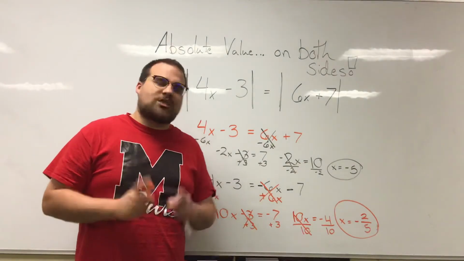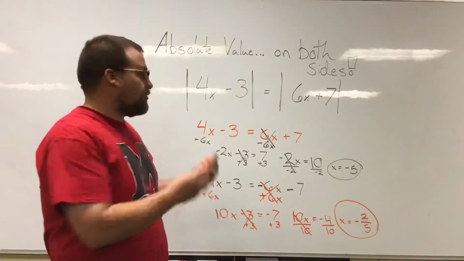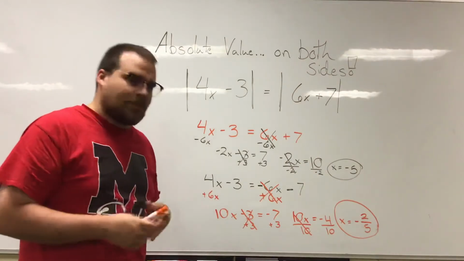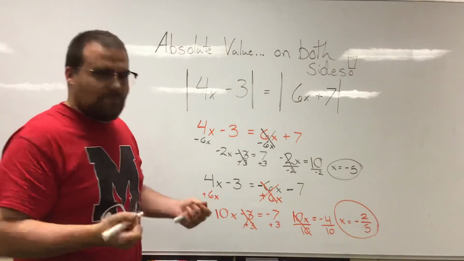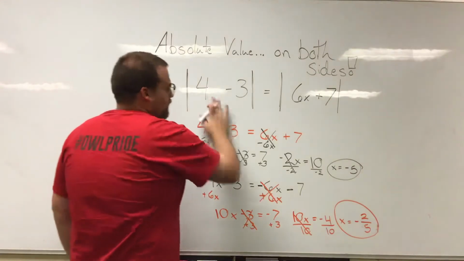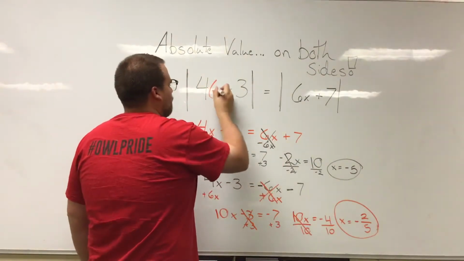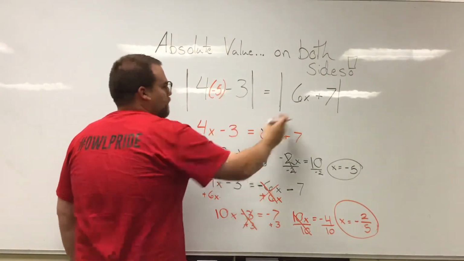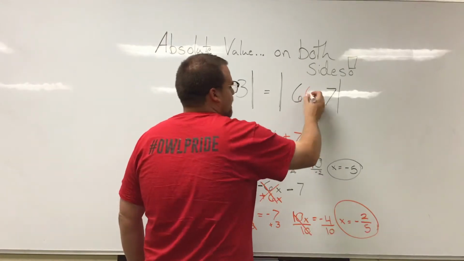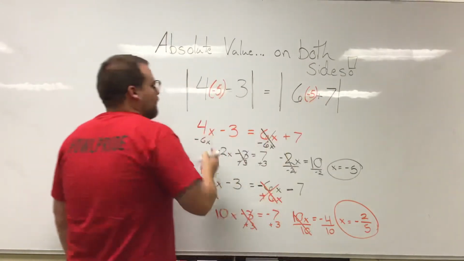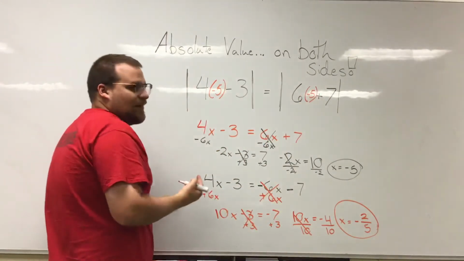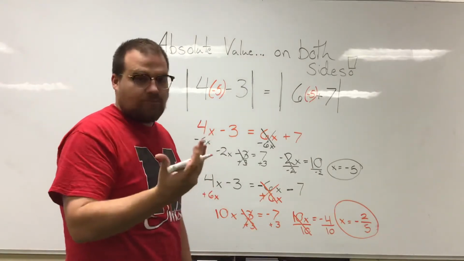If we wanted to check those solutions, we could put them back into the equation just to make sure we did everything right. For example, if we wanted to say negative 5, I'll replace my x's with that negative 5. We have 4 times negative 5, or negative 20.